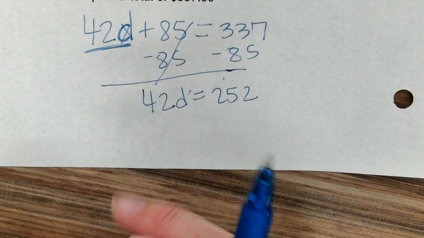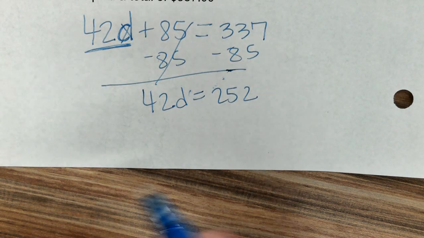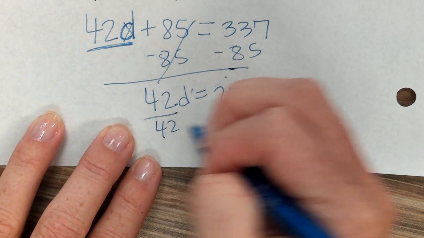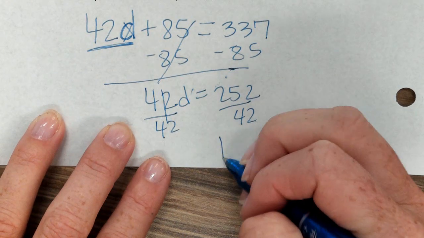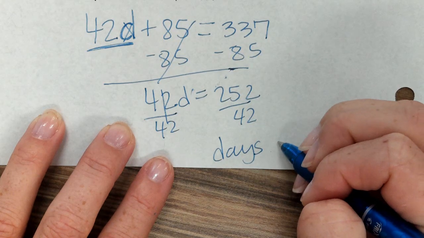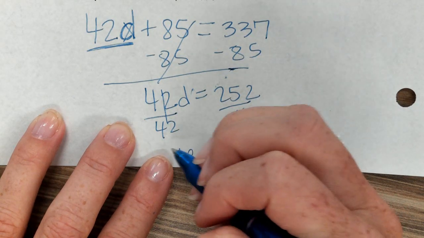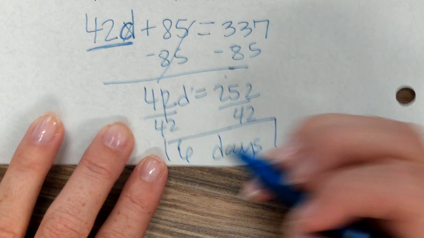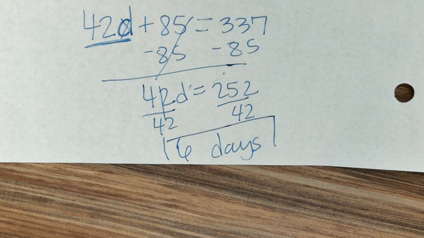How do I get rid of the coefficient 42? Divide by 42, and I get the number of days is 6. So 6 days. It's a word problem, so I must label. Don't put x equals 6. You got to put how much?